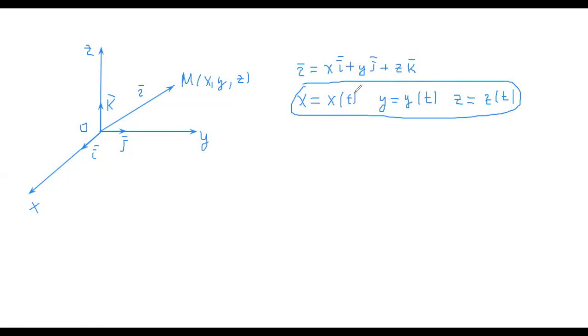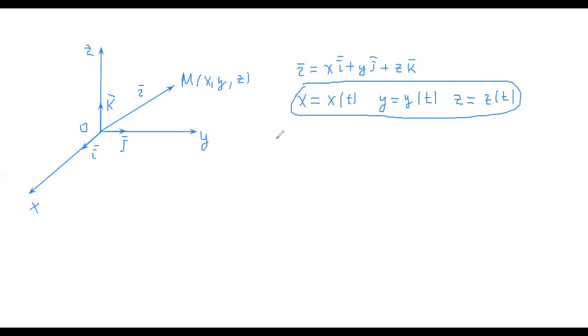If we exclude time t from these equations, we will get equations that are known as trajectory equation.